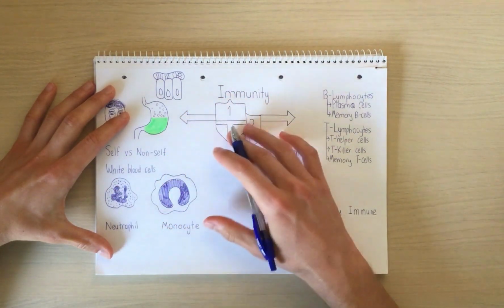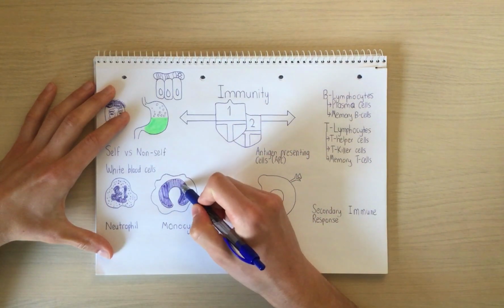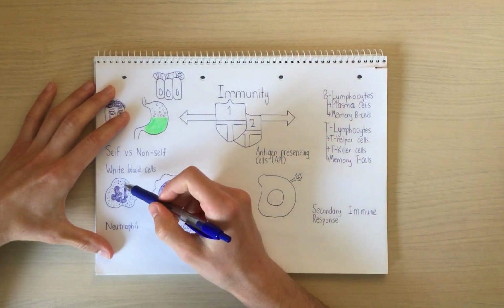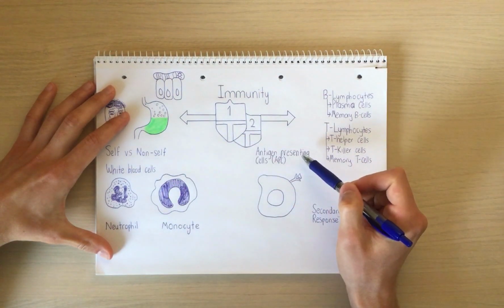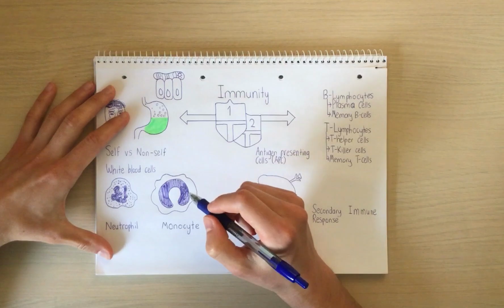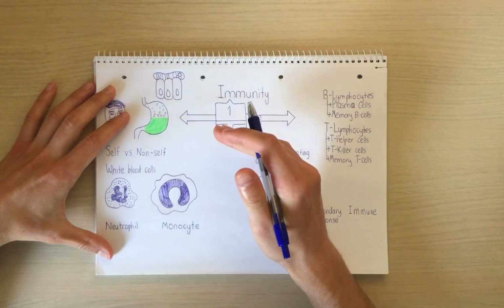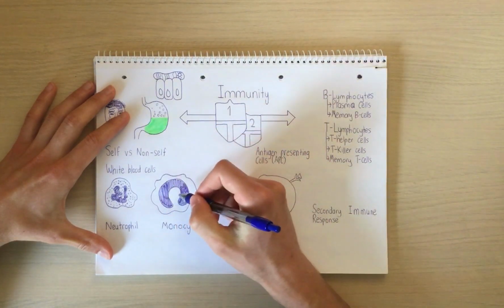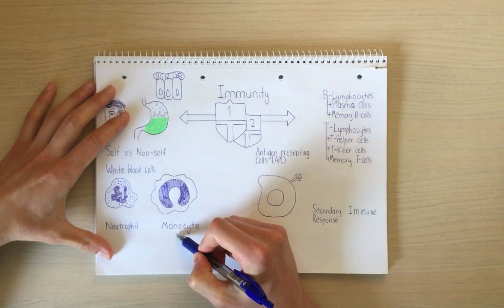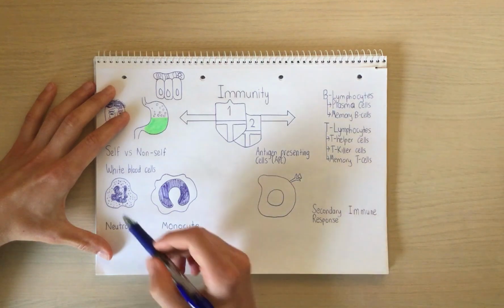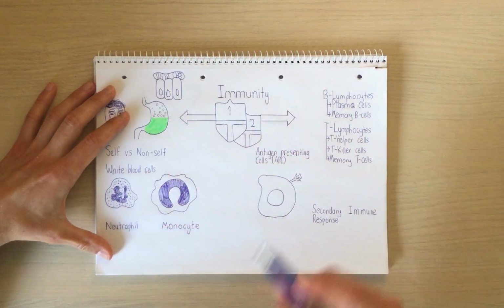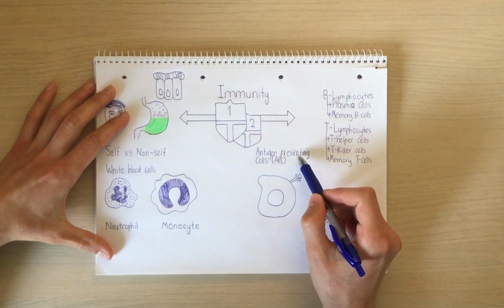Now, monocytes can do some phagocytosis and they can also present some antigens. But what monocytes are really good at is that they can migrate to tissues that need white blood cells, and then they can differentiate into macrophages, which are very efficient at phagocytosis, and they also do a lot of antigen presenting.